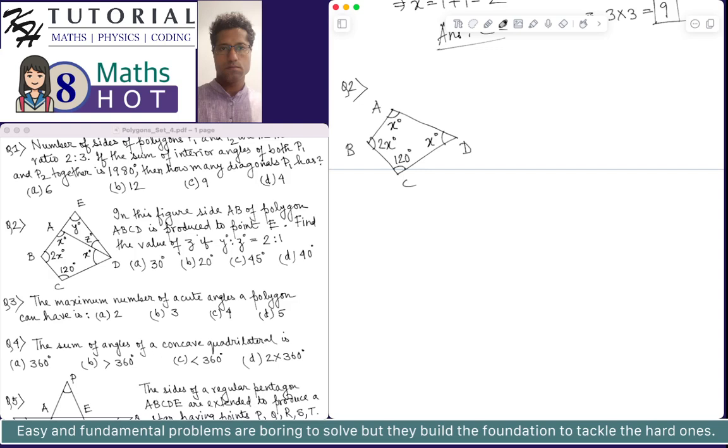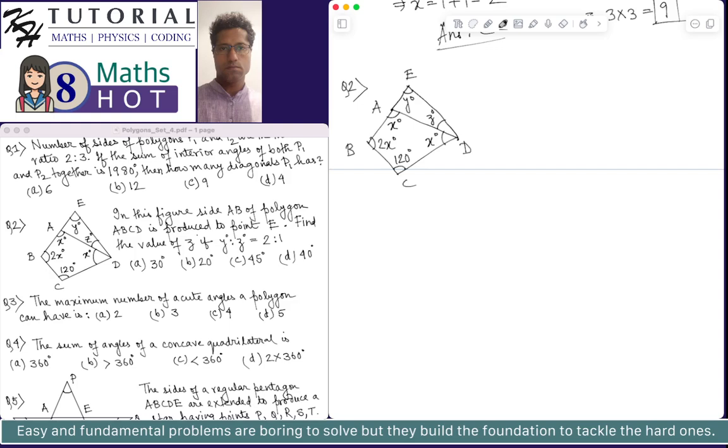It is saying that the side AB is produced to point E, and definitely E and D is joined. So in the triangle AED, this angle is given as y degree, and this angle is given as z degree, and the ratio of y degree to z degree is given as 2:1.